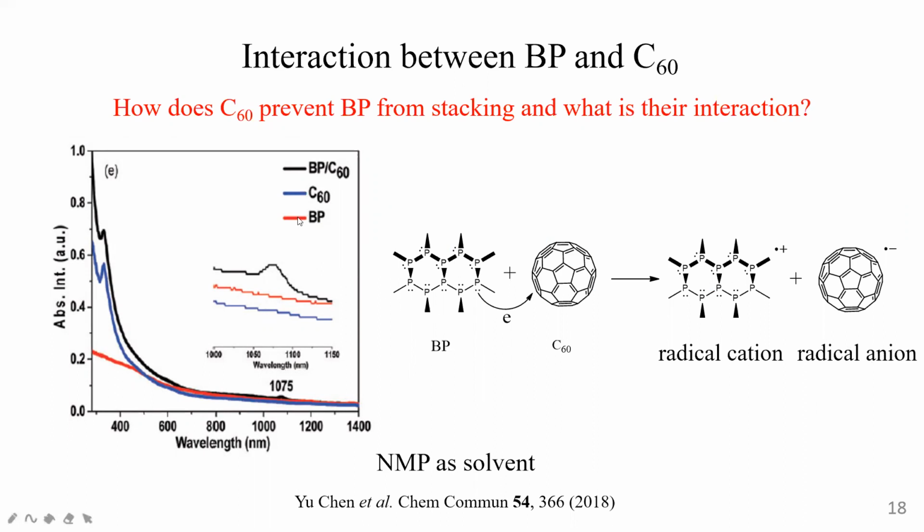So they thought there's an electron transfer from black phosphorus to fullerene, which leads to the formation of phosphorus radical cation and fullerene radical anion.